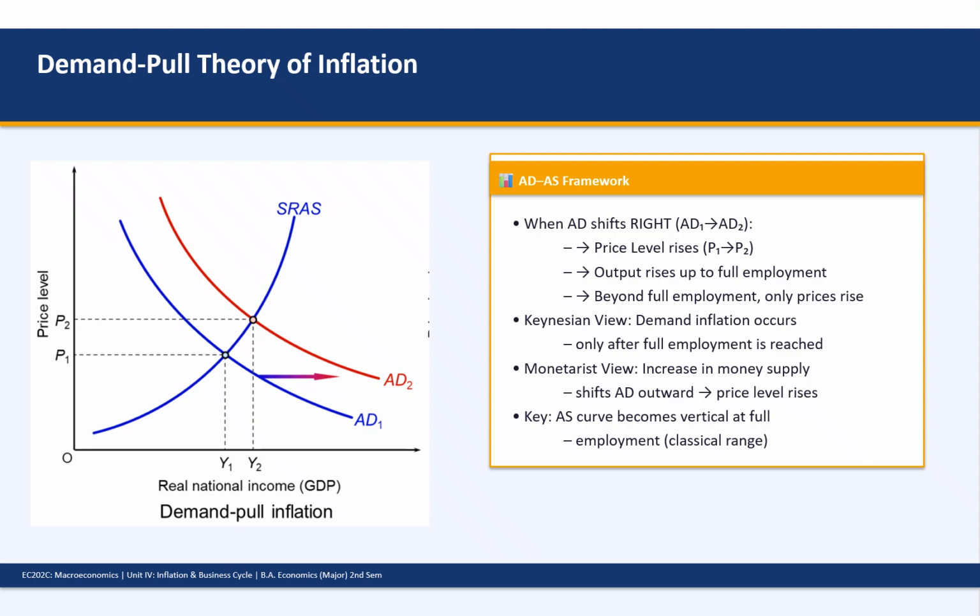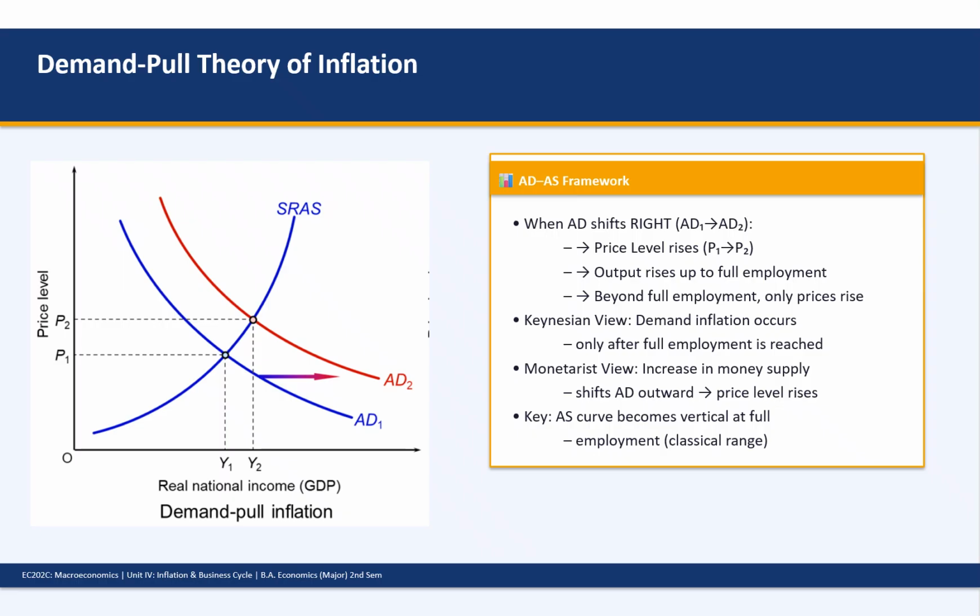The monetarist view gives emphasis on the role of money supply. When the money supply increases, aggregate demand shifts outward, and that pushes the price level upward. So, from the monetarist side, inflation is closely related to excess money creation.